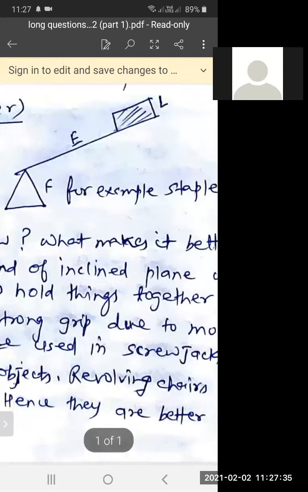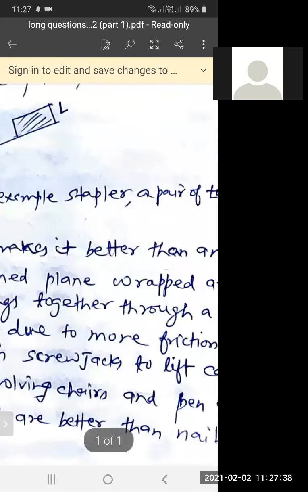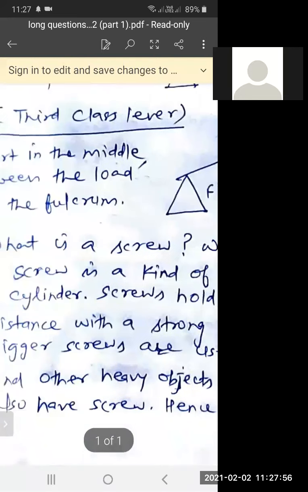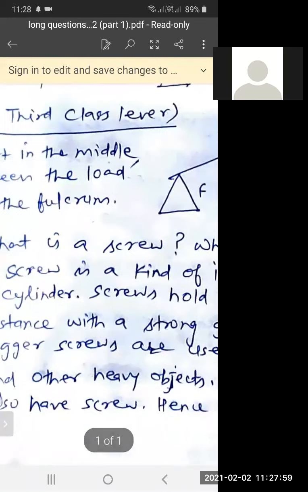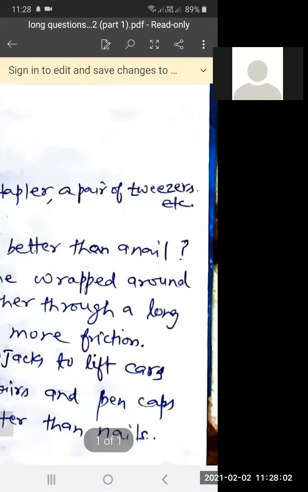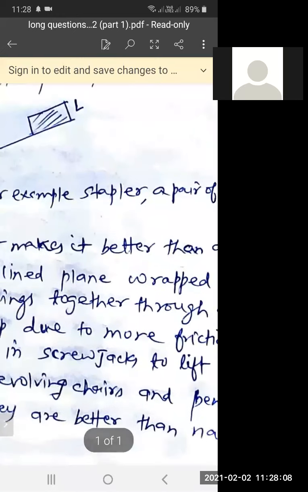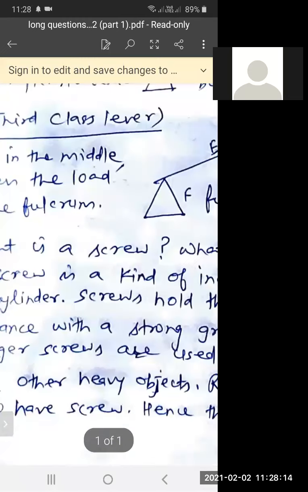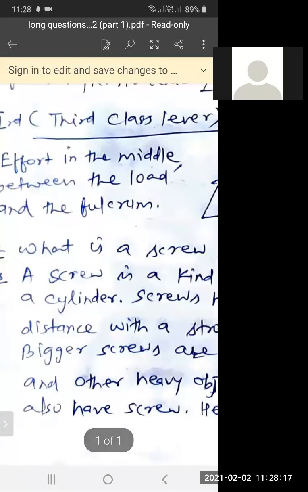First line, inclined plane wrapped around, W-R-A-P-P-E-D, wrapped around a cylinder, full stop.